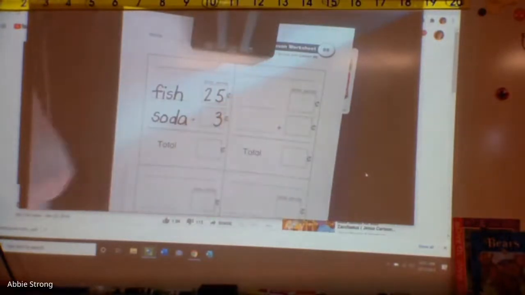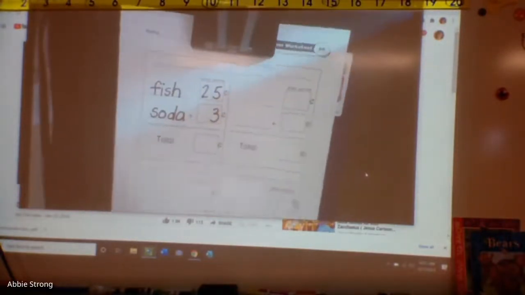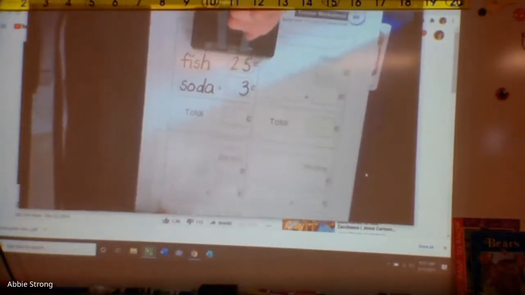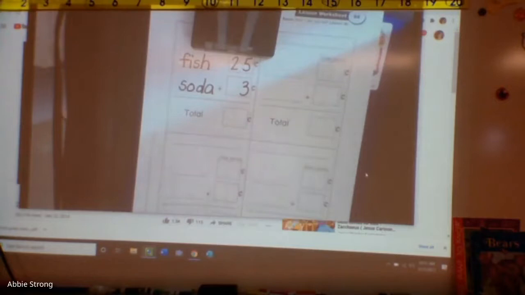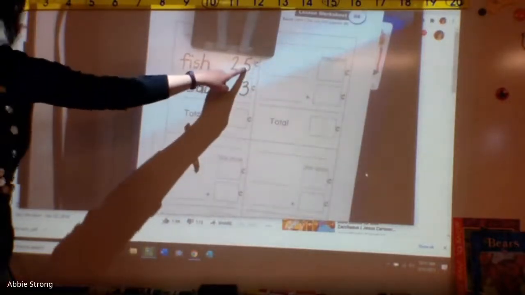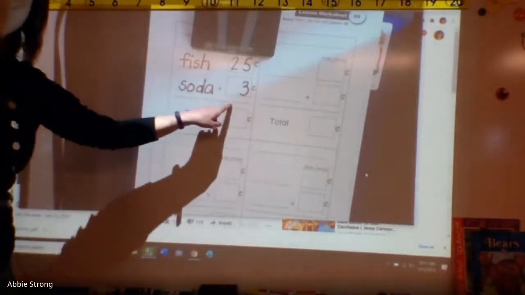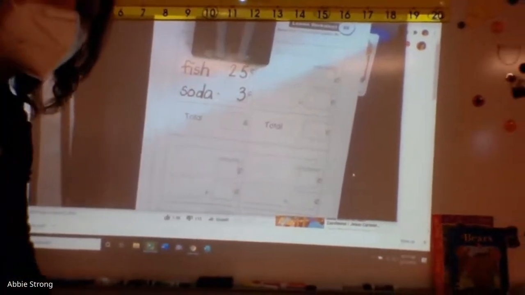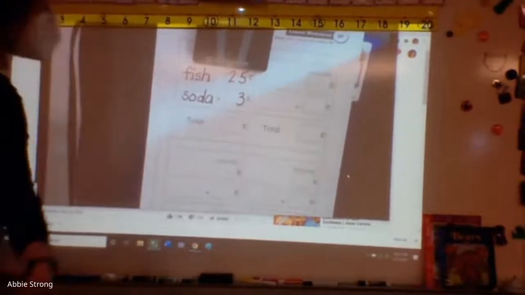I need somebody to come up here and add for me. Ooh, let's see. I love these strong silent hands. Mikaylee, come up here, honey. We've got 5 plus 3. All right, so I'm going to back this up just a little bit so you can see our number line.